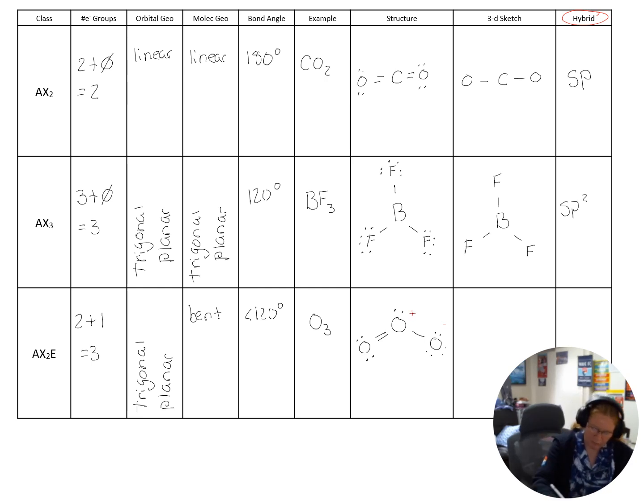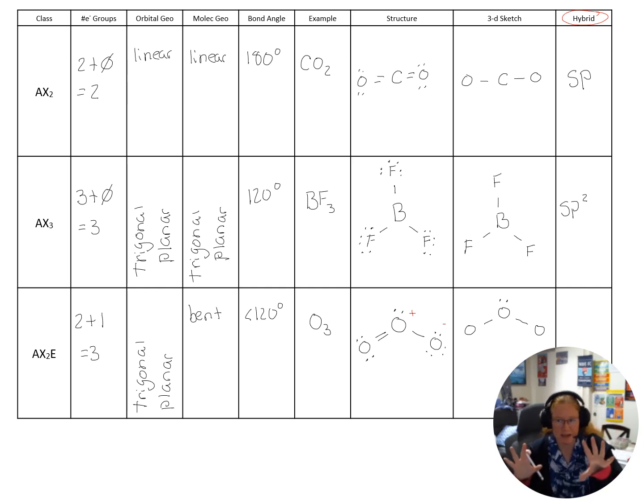Okay, and our 3D sketch is like that. Okay, so again, the 3D sketch, this is not a Lewis structure. All right, so we can be missing double bonds, we can be missing lone pairs around our surrounding atoms, those sorts of things. All that 3D sketch is just in 3-dimensional space, how does everything fit relative to each other?